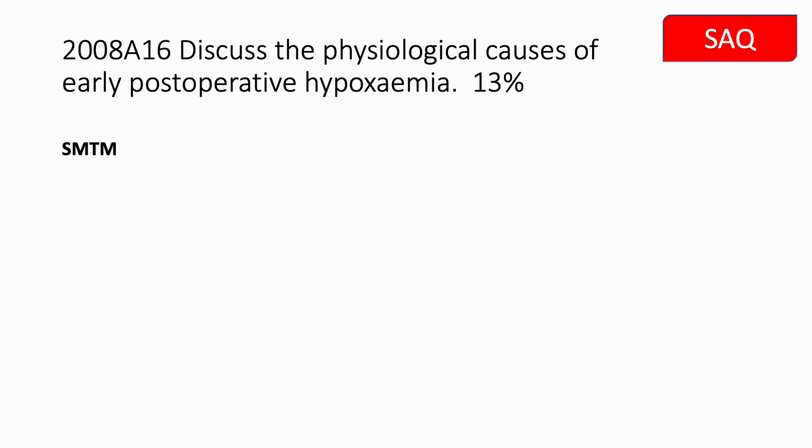And then as they brainstormed it a bit more, they realized, well, hypoxemia is a very broad topic. There's not enough time to write everything about it in 10 minutes. So, okay, let's focus it on mainly the mechanisms that can cause hypoxemia. And then to push the really good candidates, let's see if they can apply the concept to the early postoperative period.